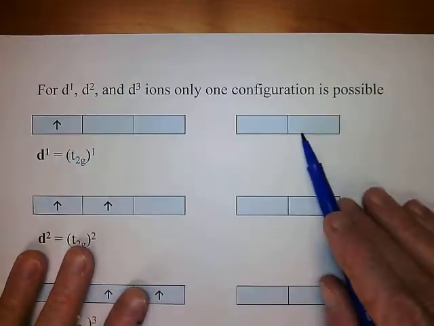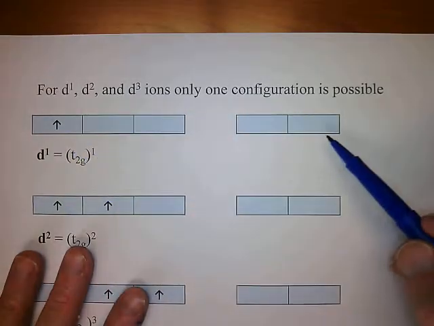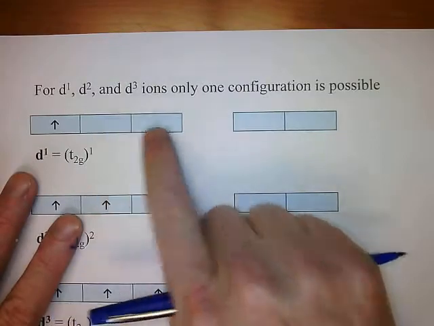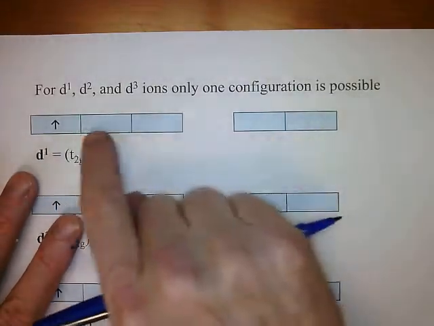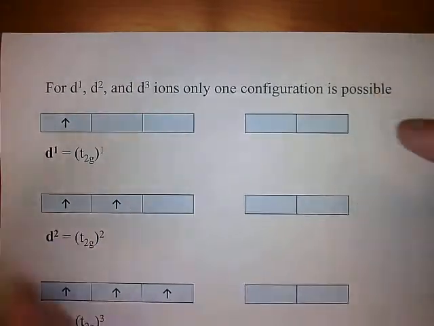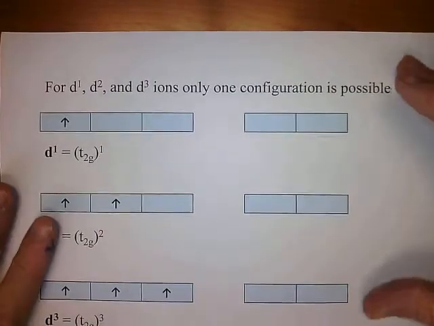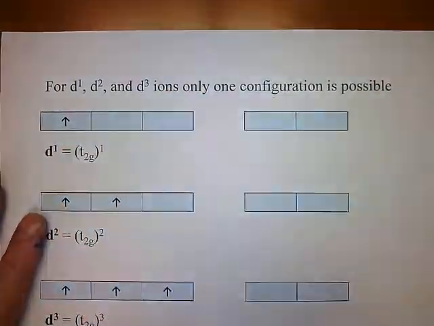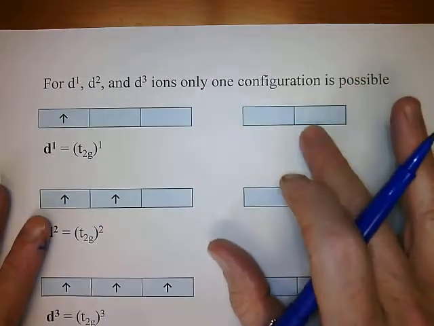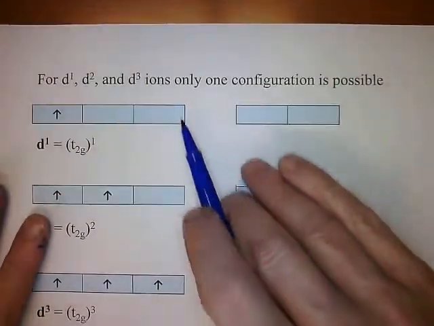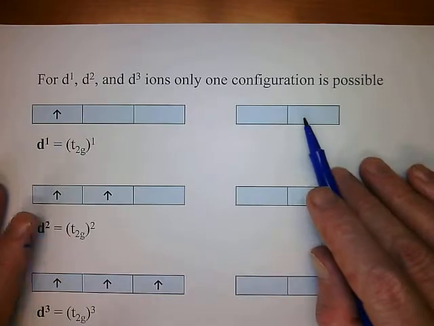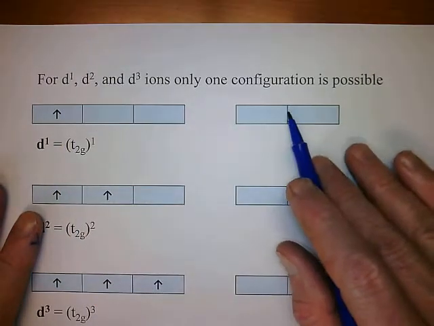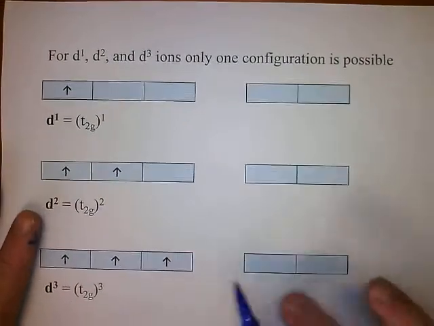We have empty orbitals, so if this is wide open, there'd be no reason to jump up here. By the way, all I did was show the same thing on one line here instead of vertically, to save space. These three are grouped together because they have the same energy, and these two are together because they have the same energy, the T2G and the EGs. So we have one electron, and there's no reason to jump up to the higher energy orbitals.